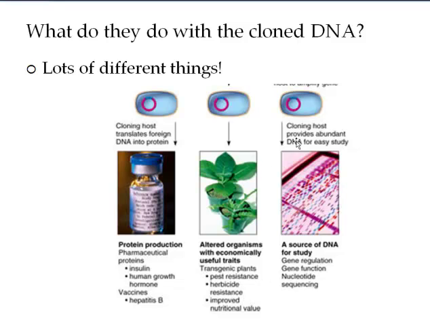And the third one over here is that a cloning host provides abundant DNA for study, so a source of DNA that can be used for gene regulation, gene function, and nucleotide sequencing. Determining the sequence of DNA can have a tremendous amount of implications once we understand the gene.